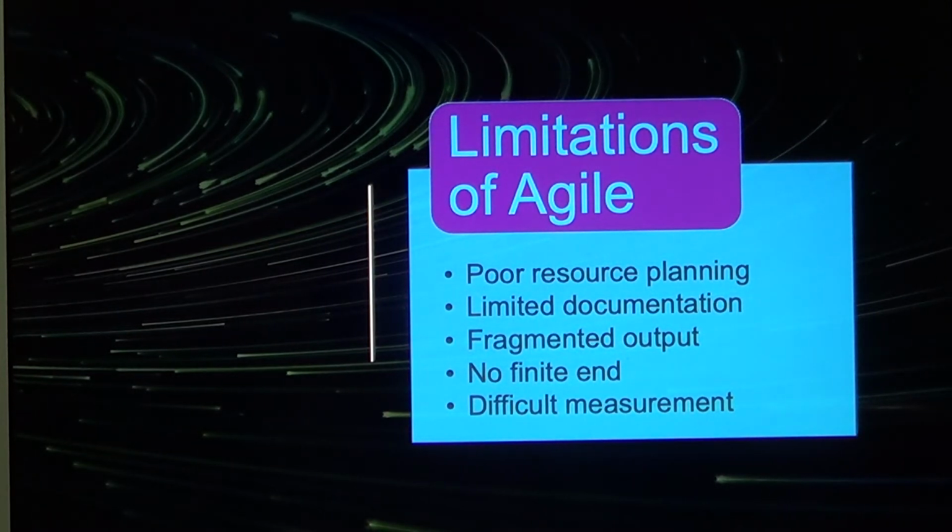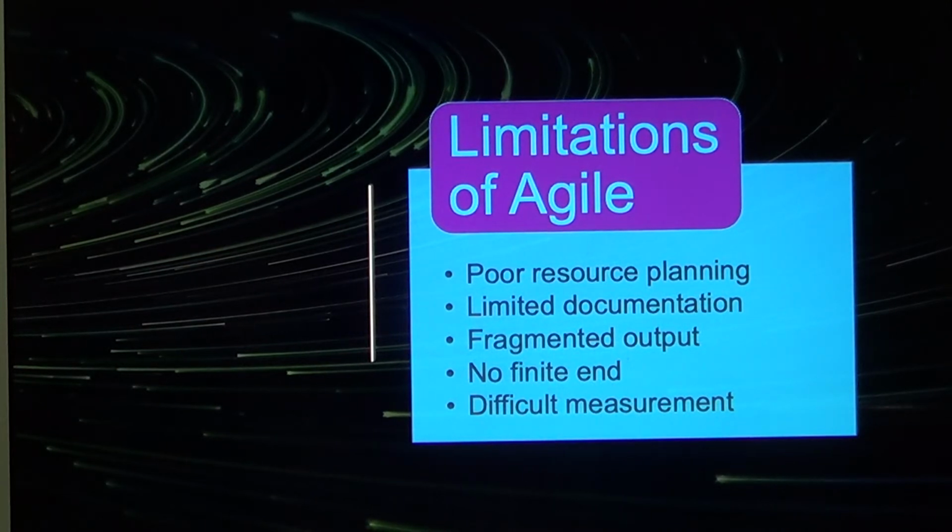The first one is poor resource planning. Because Agile is based on the idea that teams don't know what their end result will look like from day one, it's challenging to predict efforts like cost, time, and resources required at the beginning of the project.